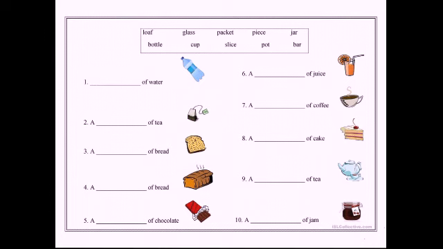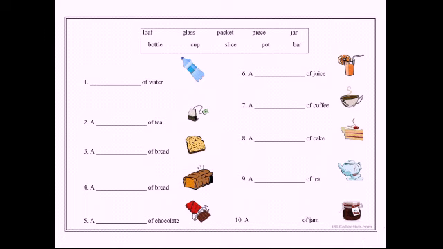What is the fifth one? A dash of chocolate. Very good. A bar of chocolate. A dash of juice. A glass of juice. A dash of coffee. A cup of coffee. A dash of cake. Yes, a piece of cake.